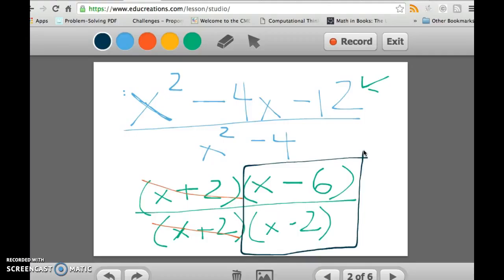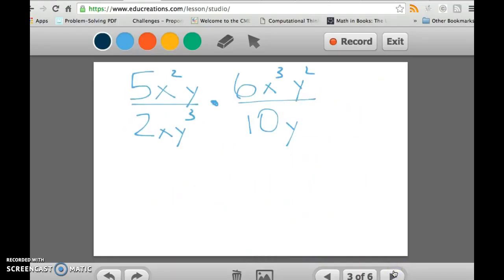All right, next example. Now we've got monomials. There are two ways to do this. You can multiply across and say 30 over 20 and then reduce to 3 over 2, or you could cancel first, in other words, divide first and then multiply.